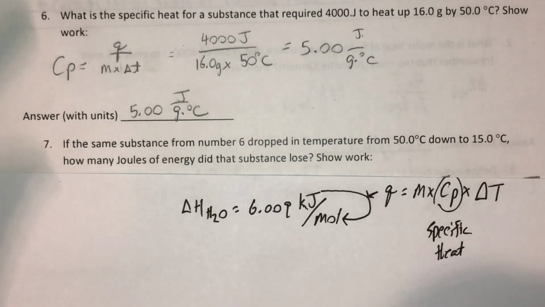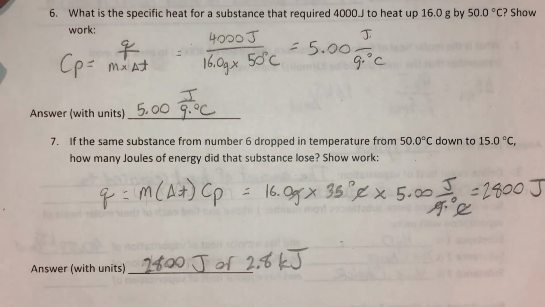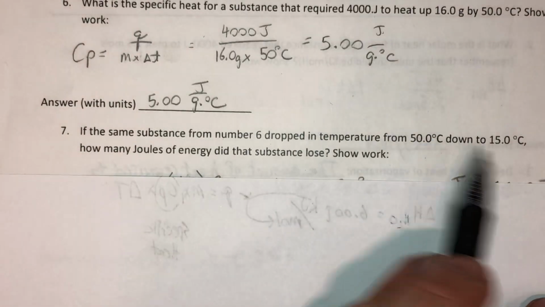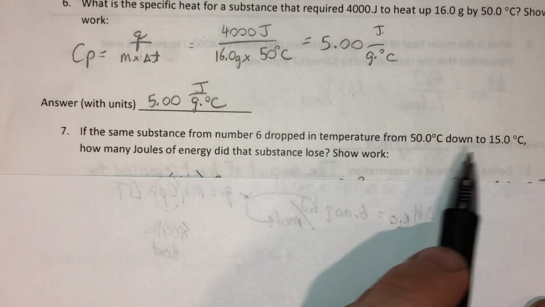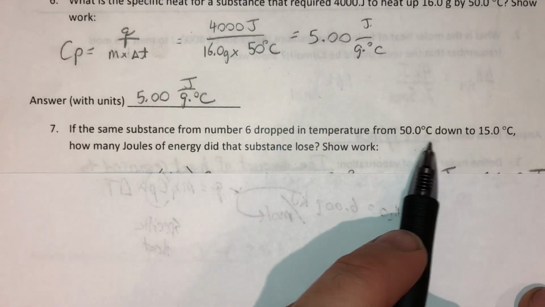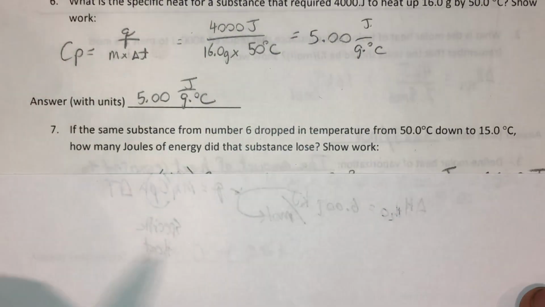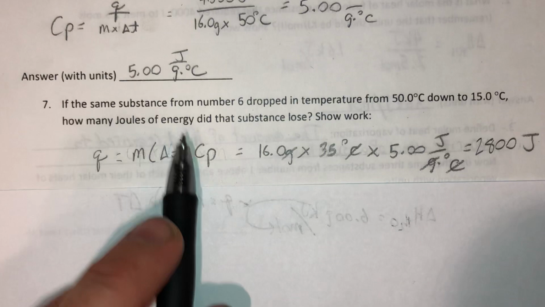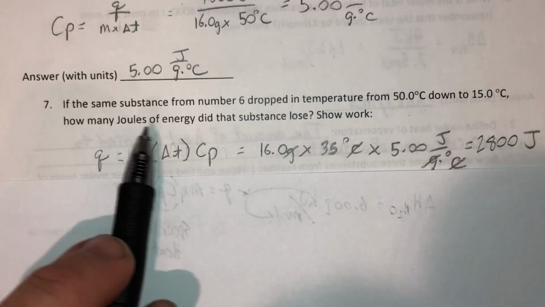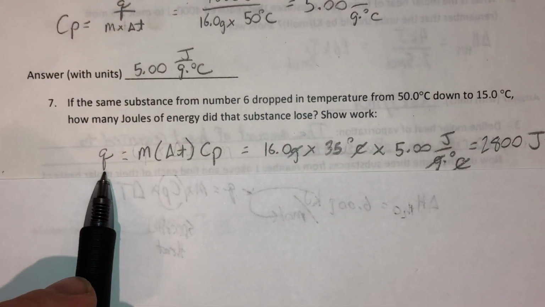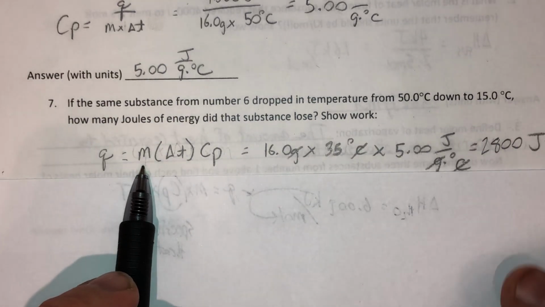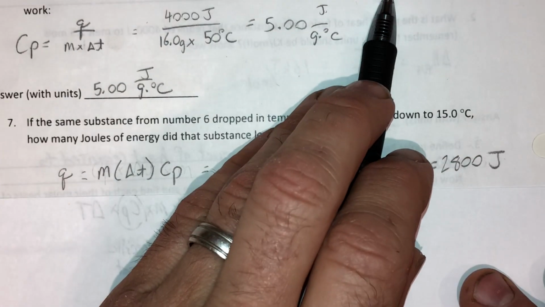Let's say the substance from number 6 dropped in temperature, from 50 down to 15. That's a change in temperature, a delta T. How many joules of energy did this substance lose? We're asked to solve for joules, that's Q, so we're just going to multiply all of these together. It's the same substance as before. The mass was 16 grams.